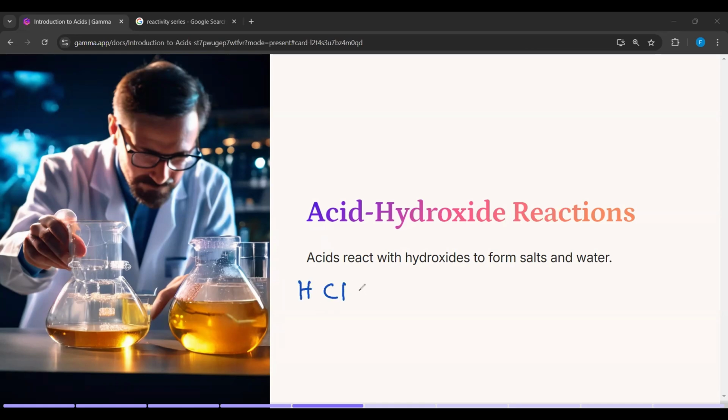If we are going to react it with potassium hydroxide, KOH, what is the salt that will be produced? It is going to be the metal cation, and it's going to be the chloride. So it will be KCl. And of course, water will be produced. So you balance this equation.